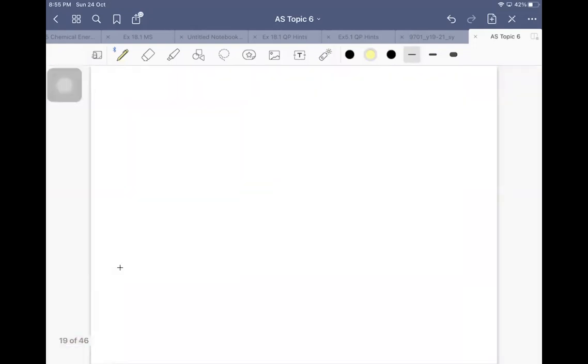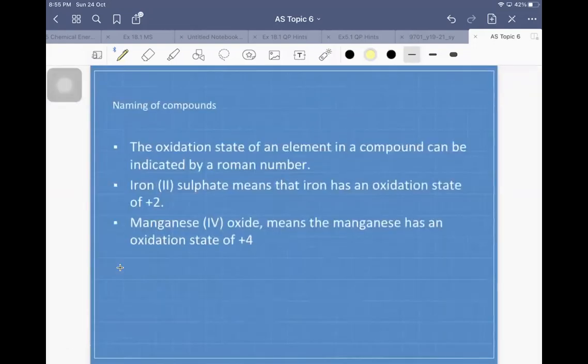Next we are going to look at the naming of compounds. I'm not sure if this is in your notes. So this is not in your notes, so please add this to your foolscap paper. The oxidation state of an element in a compound can be indicated by a Roman number. Iron(II) sulfate means that iron has an oxidation state of +2. Manganese, that is number 4, right?